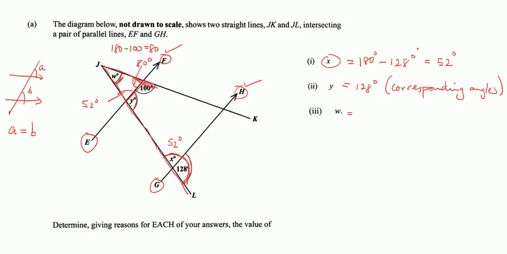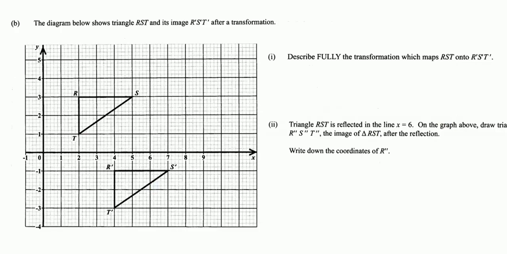So W will be equal to 180 degrees minus 52 degrees plus 80 degrees, which is equal to 180 minus 132, which is equal to 48 degrees. So that is how we find W.